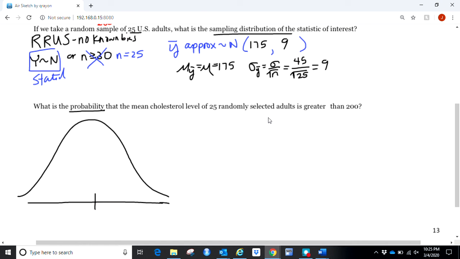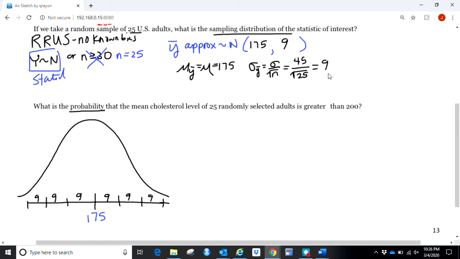So what that means is I need to actually be using my values from up here. This is the mean I need to be working with, and this is the standard deviation I need to be working with. So my mean is still going to be 175. But now when I go out in my increments here, the size of each of these steps is only going to be 9.